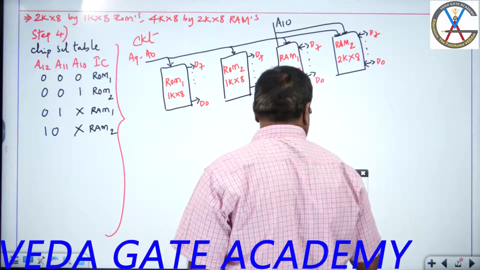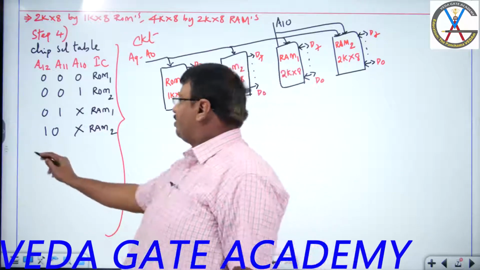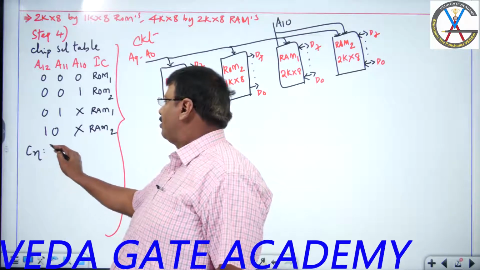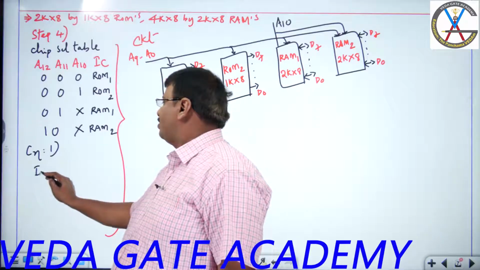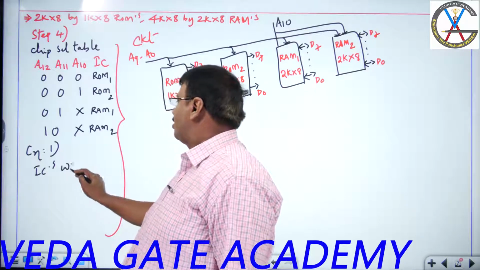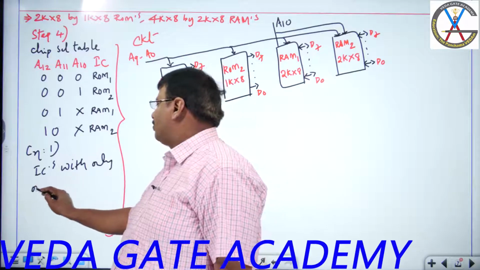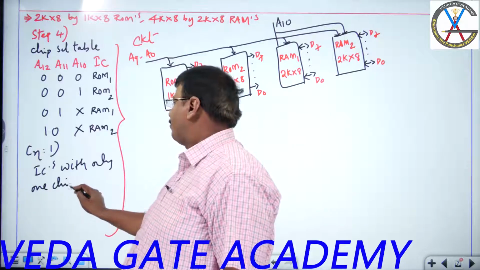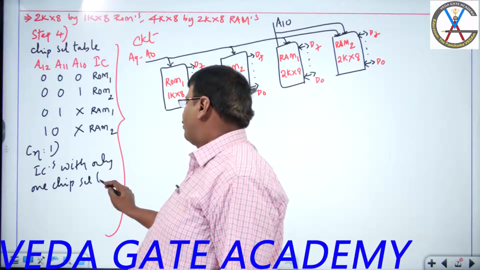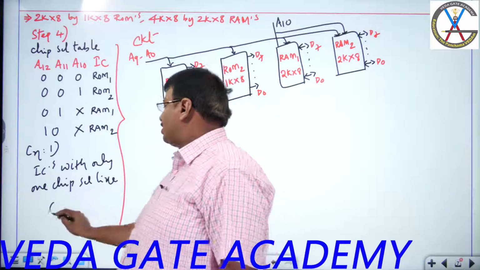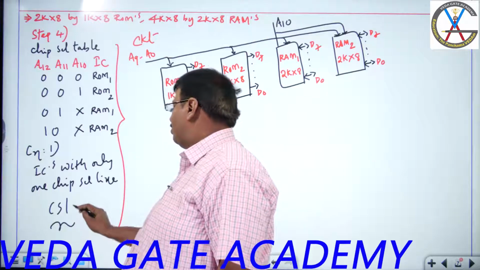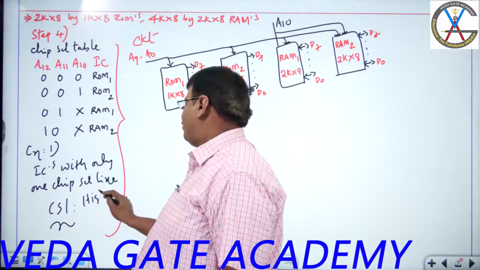So I have 2 conditions here, no? Condition 1: ICs with only one chip select line. I'm assuming CS1, high enable.